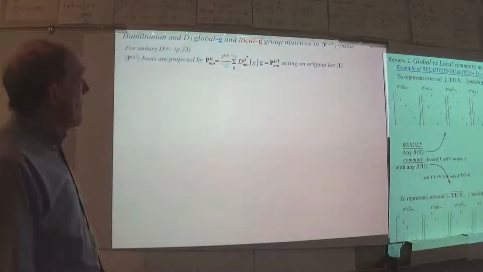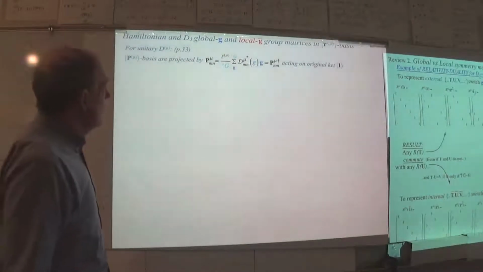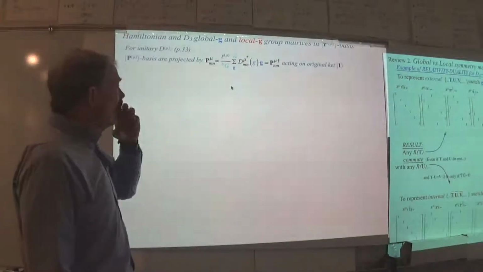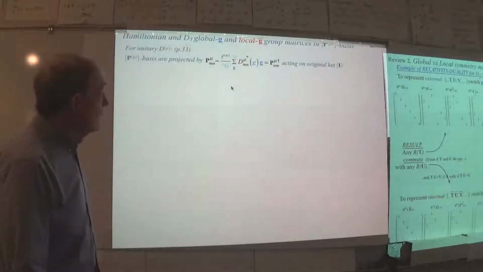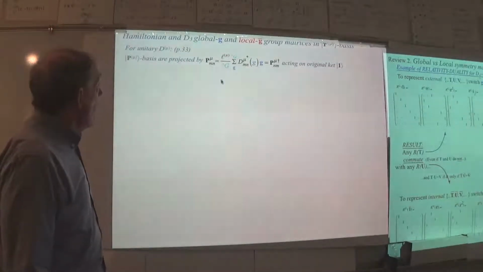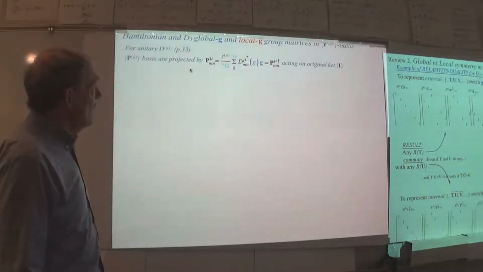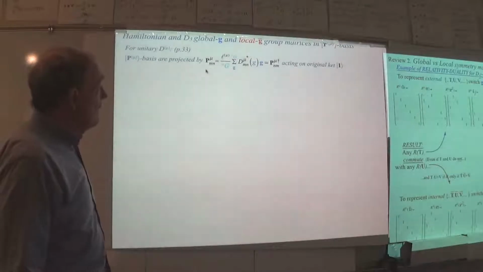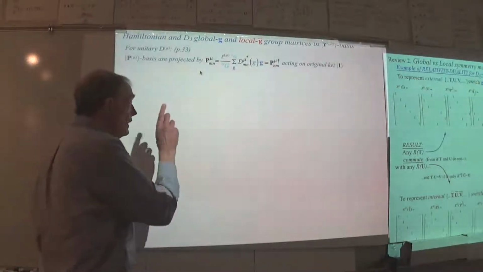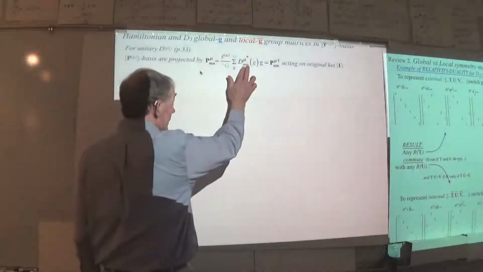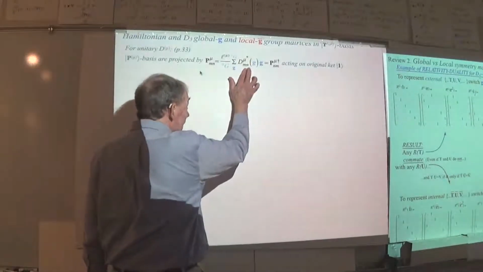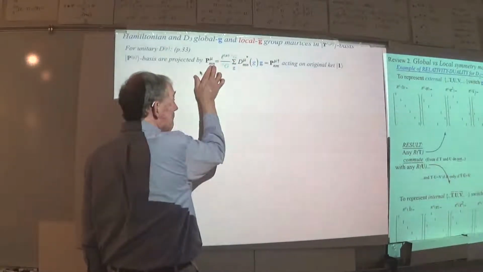The Hamiltonian is going to be written as linear combinations of things that are like what we're talking about here. But the basic idea is for the unitary thing, we can write a projection operator with the indices in the same order they come here.